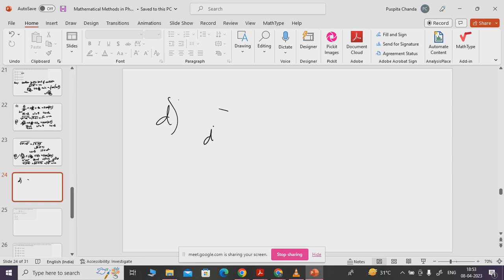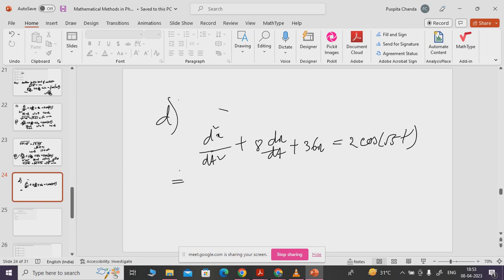Equation number D is d2x/dt square plus 8 dx/dt plus 36x is equal to 2 cos root 5t. So here omega square is equal to 36, 2b is equal to 8, so b is equal to 4, b square is equal to 16. Omega naught is root 5.